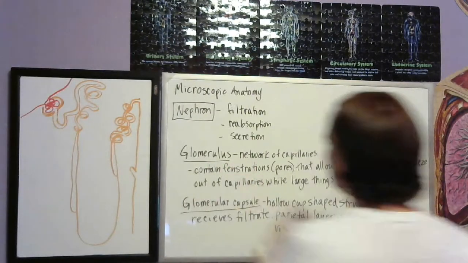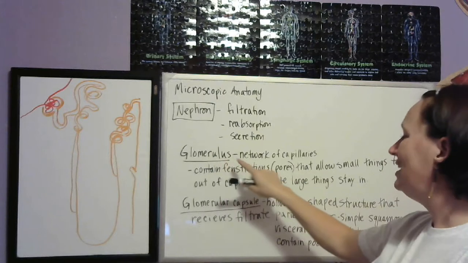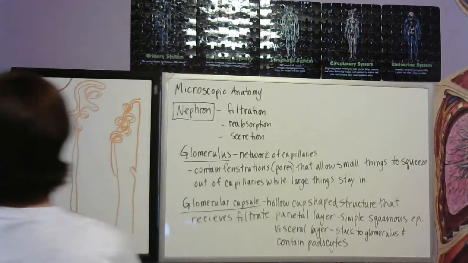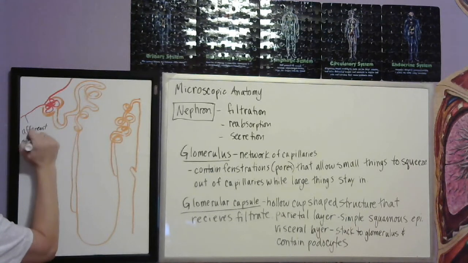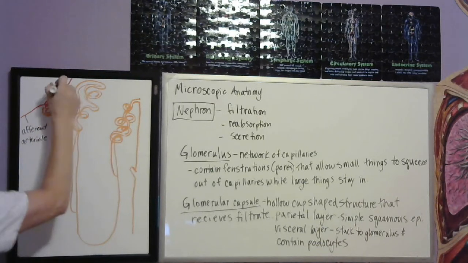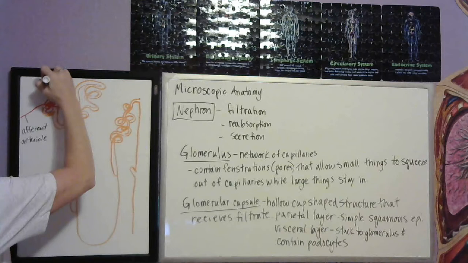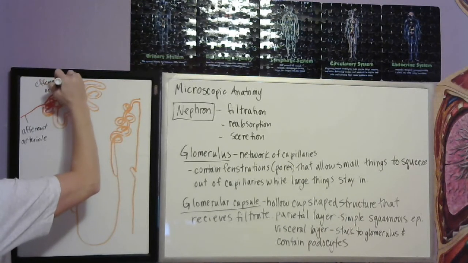Okay, so we have the glomerulus. Like I said, glomerulus means ball of yarn, and it's a network of capillaries. You have the afferent arteriole coming in, and you have the efferent arteriole leaving.